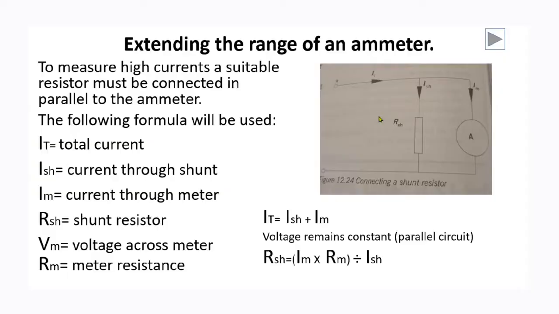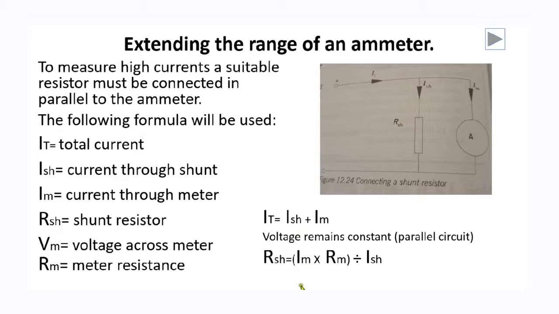IT is equal to ISH plus IM. IT is traveling down this path, and when it comes to this junction, it splits. Some of it will come down as ISH, some of it will travel down this path as IM. And you can see here on this particular slide, I have indicated IT is equal to ISH plus IM.